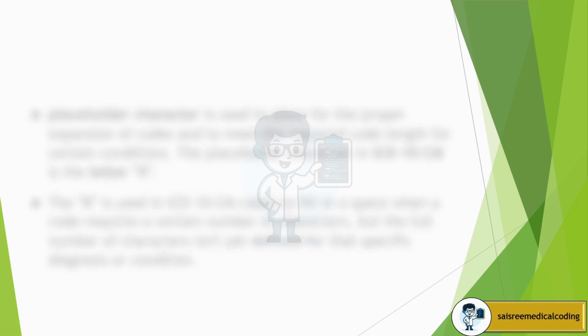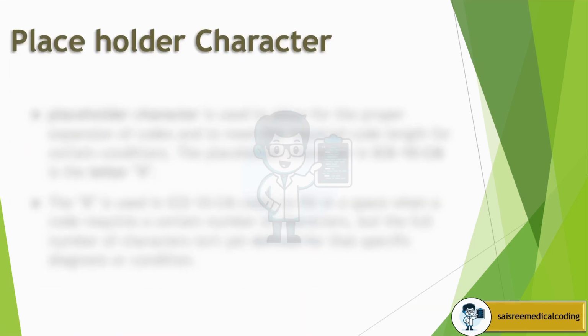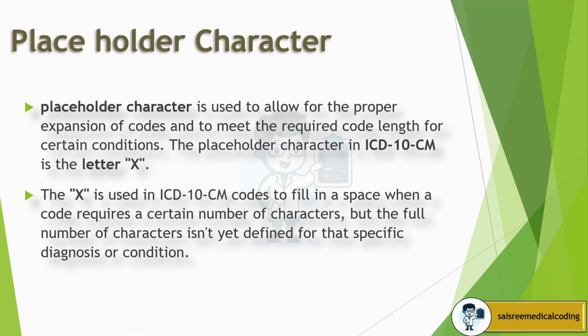And next we are having the placeholder character. What is this placeholder character? We'll see. The placeholder character is used to allow for the proper expansion of codes and to meet the required code length for certain conditions. The placeholder character in ICD-10-CM is the letter X. The X is used to fill in a space when a code requires a certain number of characters, but the full number of characters is not yet defined for that specific diagnosis or condition.